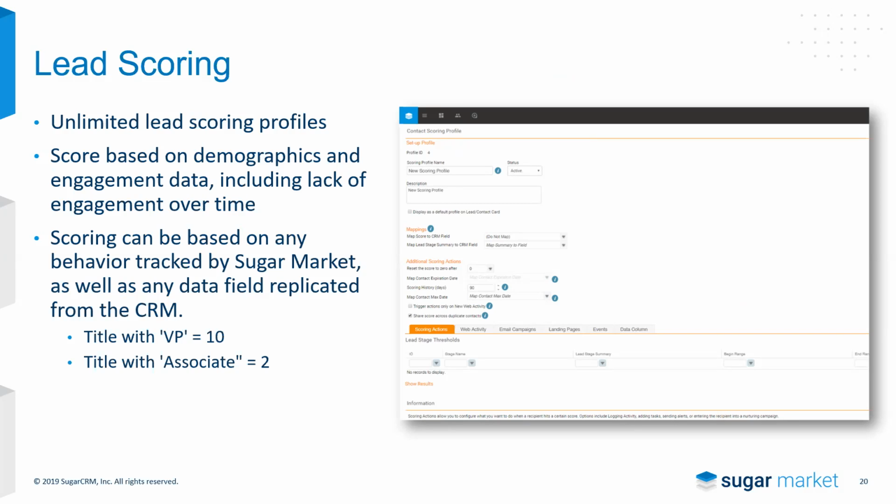You want to rank that individual higher than you would someone with an associate title, because that person's not a decision maker. So you can make not only engagement level scoring and behavioral level scoring, but also almost a lead grade based on the individual traits of that person.